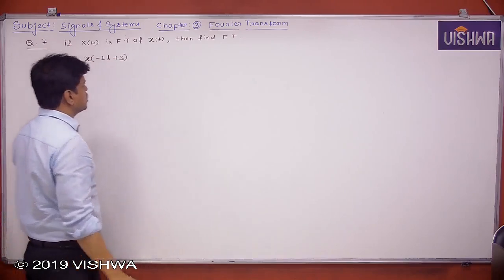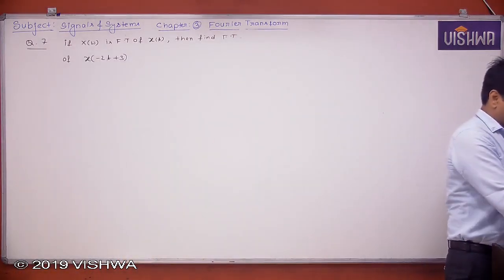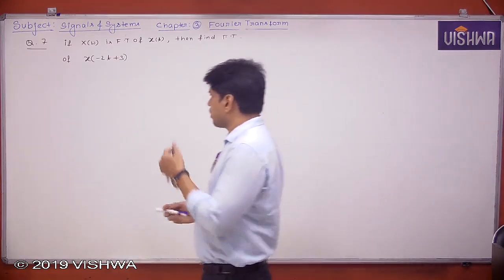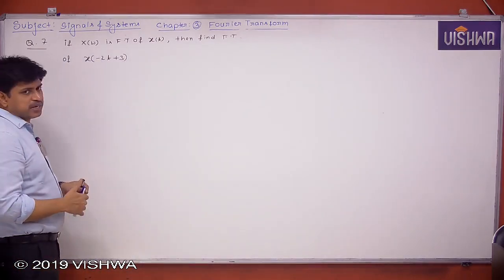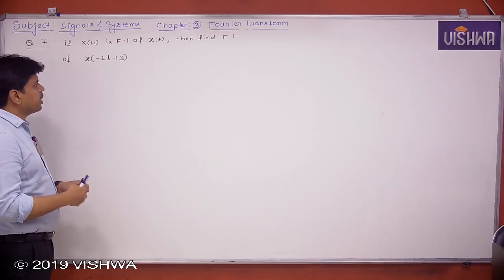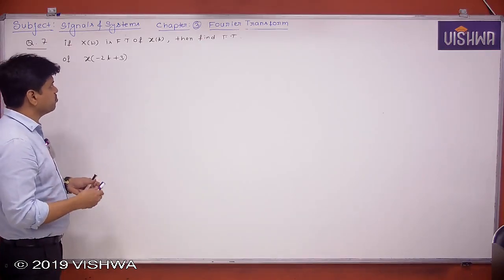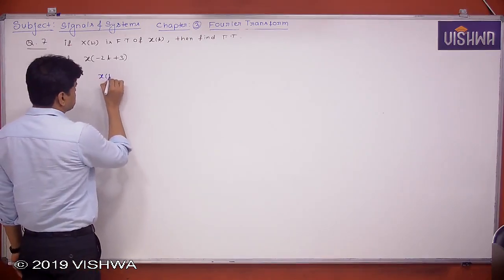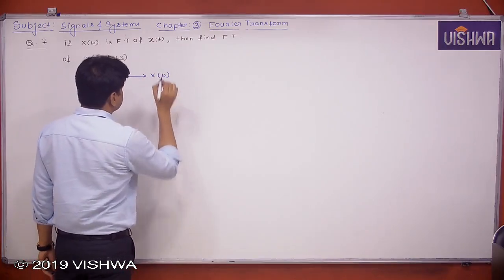For this function, I have to calculate the Fourier transform in terms of x of omega. That's the question. Whenever there are multiple operations applied on a signal, go one by one. That means first we start from what we know. What we know is that they have given x of t and x of omega.